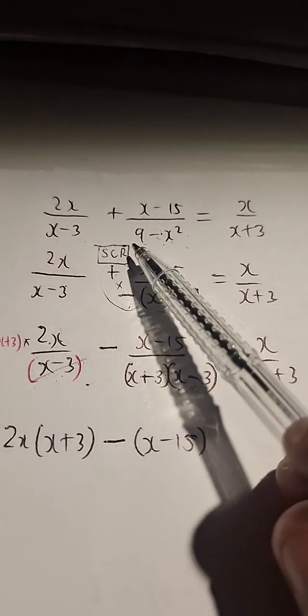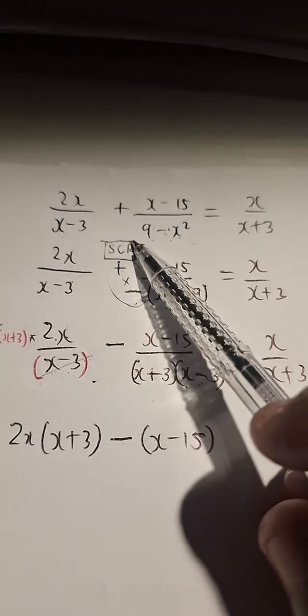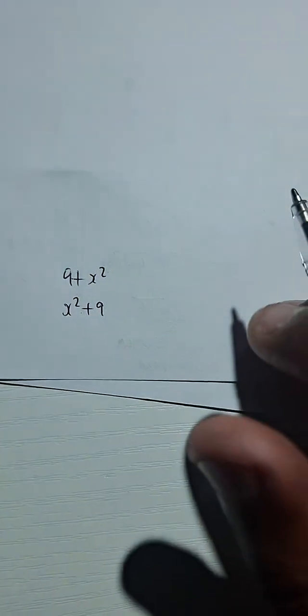If this was 9 plus x squared, then we wouldn't have to apply the sign change rule. Why? Because 9 plus x squared is the same thing as x squared plus 9. So changing the order just like that doesn't matter. No sign change rule has to be applied.